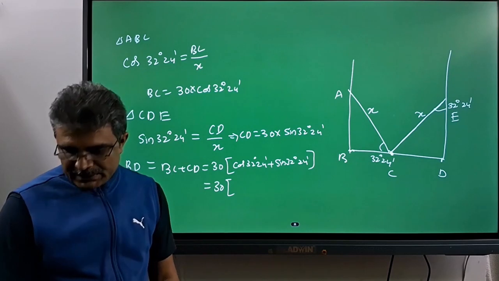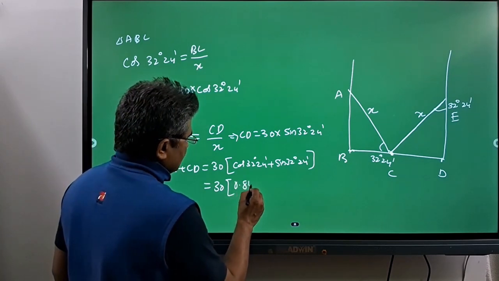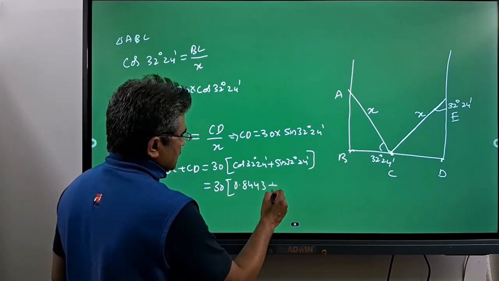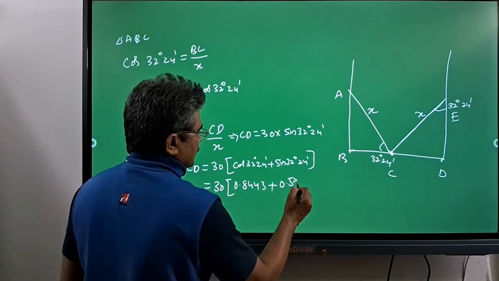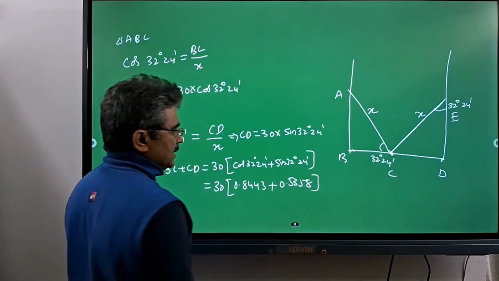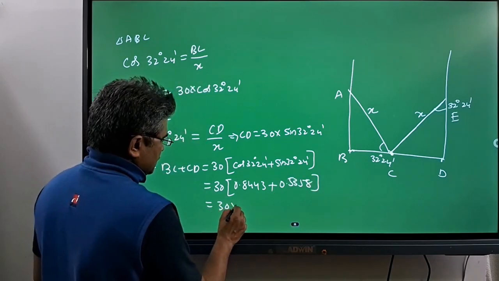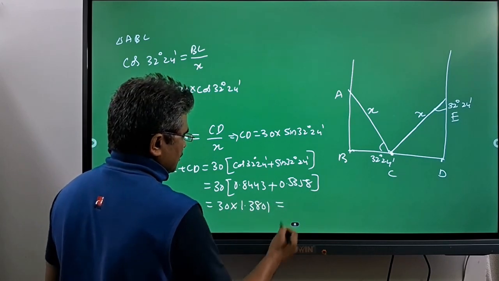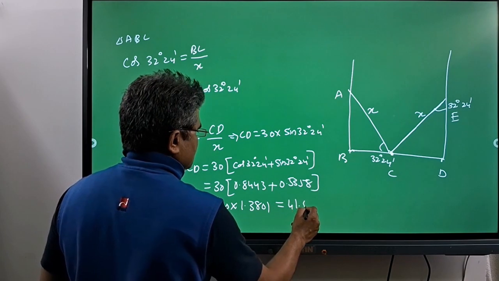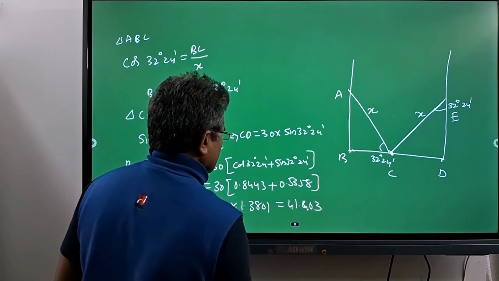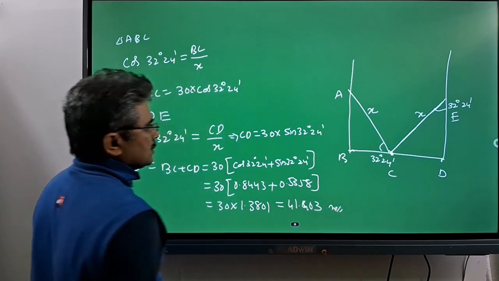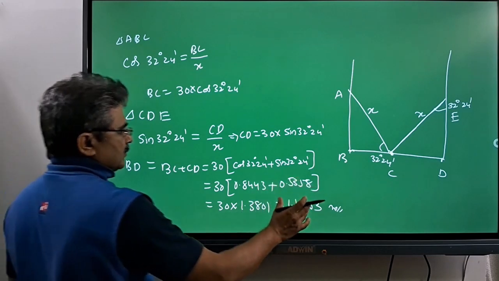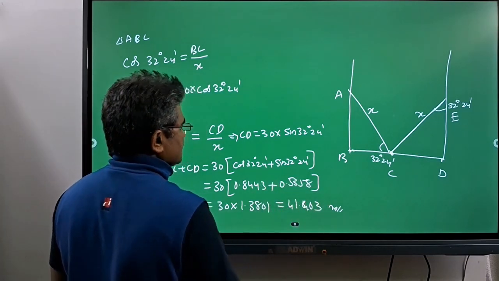So I got the values 0.8443 for cos plus 0.5358 for sine, which will give 30 into 1.3801. By multiplying we will get 41.403 meters. So the width of the road is 41.403 meters.